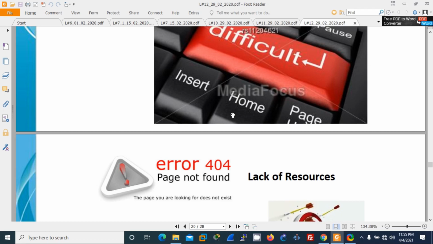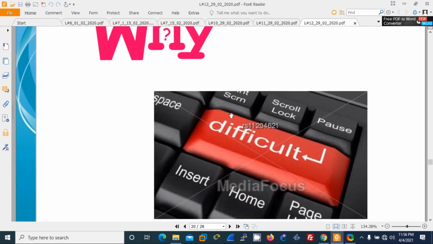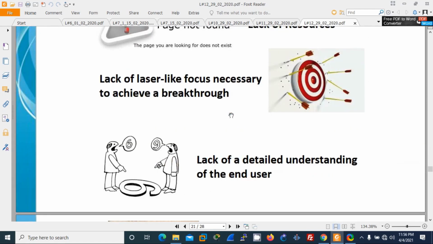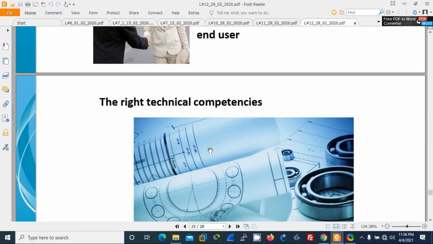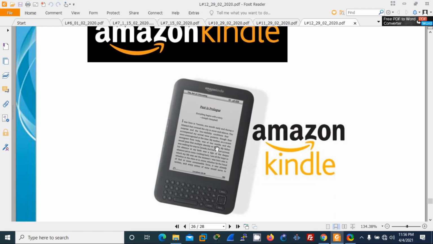And also, you need to understand why people face constraints related to breakthrough innovation, especially resource-wise, focus-wise, and individual capacity-wise. And if you think about breakthrough innovation, like at the time that people used to read printed books, Amazon introduced the Kindle, the software version of the books that people could read, and that's a breakthrough.